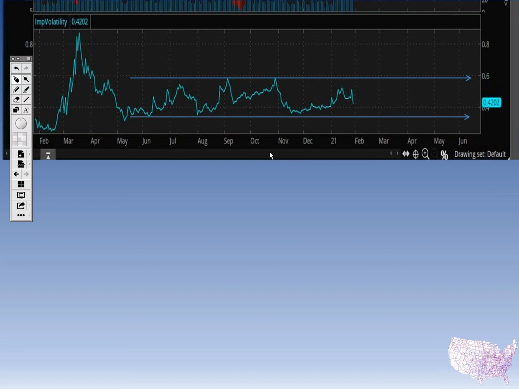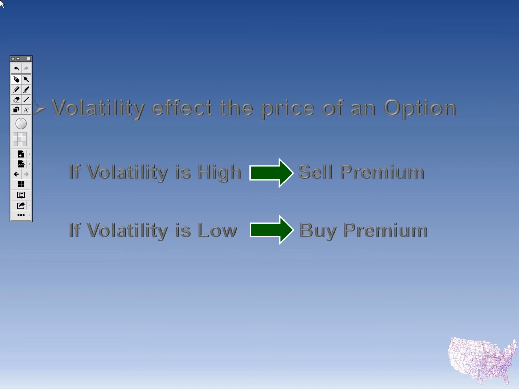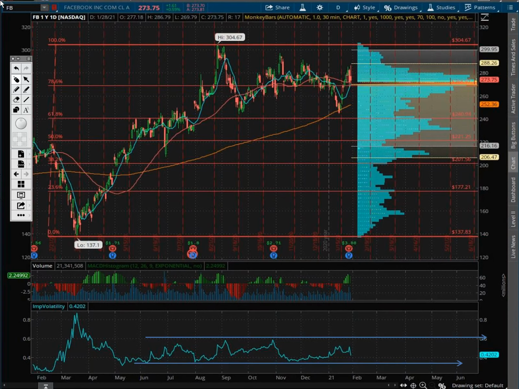Now, let's drill down on one other thing. I said it once, but I want to show you guys, when volatility is high, we sell premiums. When volatility is low, we want to be looking to buy premiums, generally speaking. So back to this example, when we're looking at the high-low, you can find this on the option montage page as well, at least on TD Ameritrade.